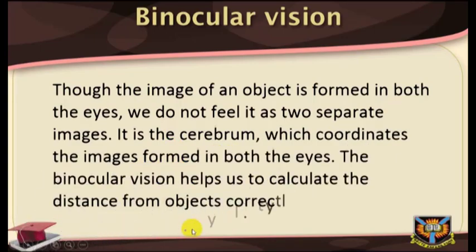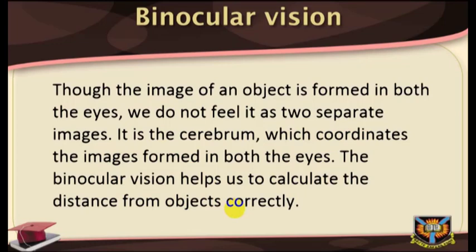Binocular vision. Though the image of an object is formed in both eyes, we do not feel it as two separate images. It is the cerebrum which coordinates the images formed in both eyes. The binocular vision helps us to calculate the distance from objects correctly. This is not possible for all animals.